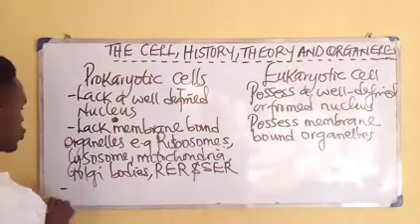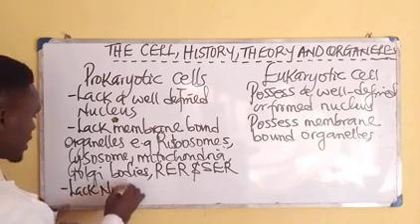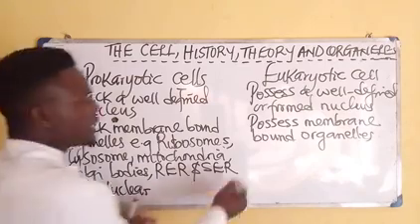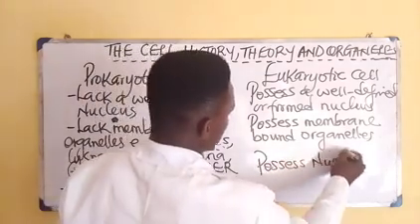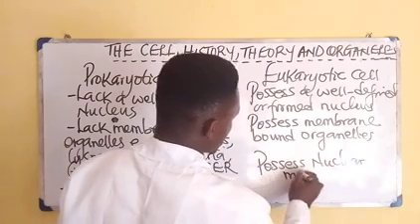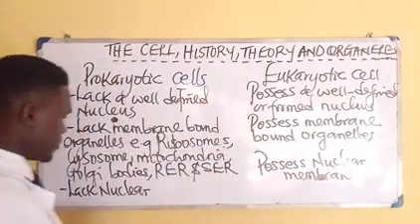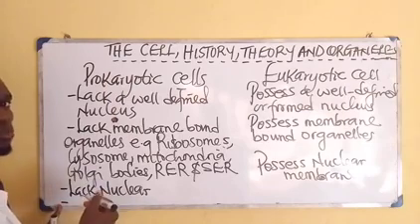Then another thing you should note is that prokaryotes lack nuclear membrane. If they lack nuclear membrane, it therefore means that eukaryotes possess nuclear membrane. Then you should note that prokaryotic cells are usually very small.